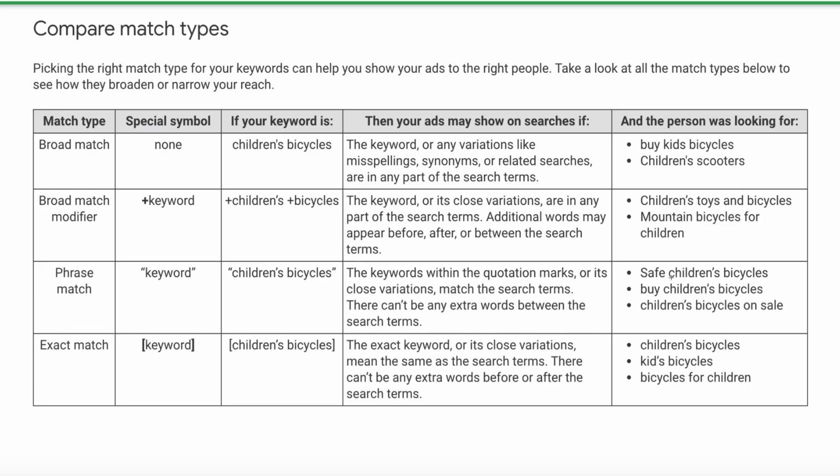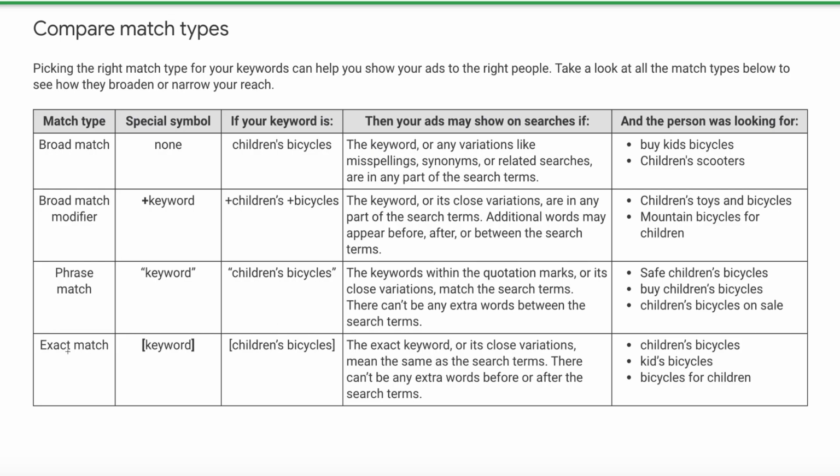There can be search terms before or after, so if they type in children's bicycles on sale, it will appear, or buy children's bicycles, or safe children's bicycles. But there can't be any extra word in between children's bicycles. However, there can be additional keywords on each side of this keyword, if that makes sense. Just have a read of this. It takes some time to get your head around it.